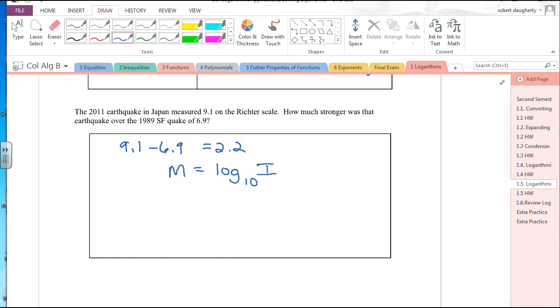That's m. So 2.2 equals the log base 10 of I. Now we convert this to what? Exponential. So what's the exponential equation? Yeah, 10 to the 2.2 equals I.